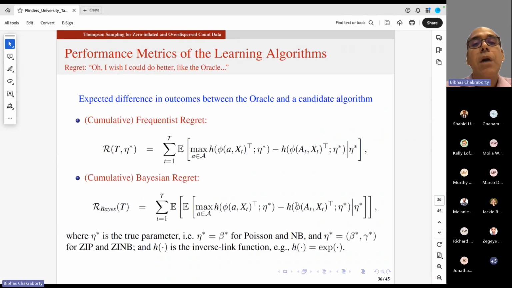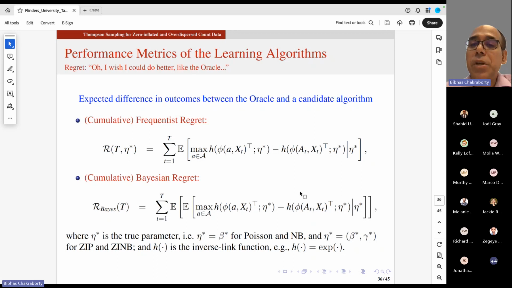Now we talk about the performance metrics of these learning algorithms. How good is good, or how do we know whether something is doing well? There is this concept called regret in the computer science literature. As we understand it in plain English, it's like saying, oh, I wish I could do better, like the Oracle, maybe. That's the concept.